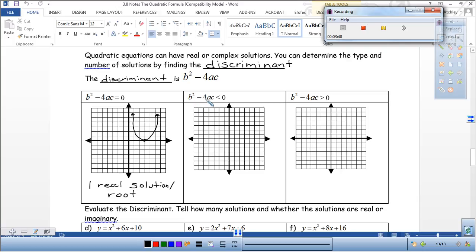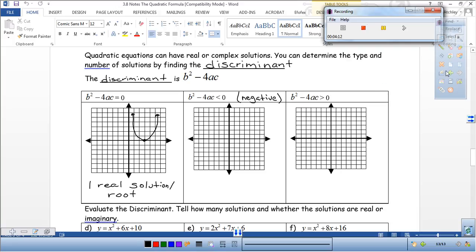If the b squared minus 4ac is less than 0, that means it's negative. Okay. If inside the radical is negative, can someone raise their hand and tell me what does that mean? Flores, if inside the radical is negative, what does that mean?